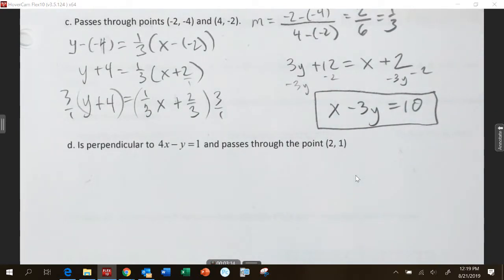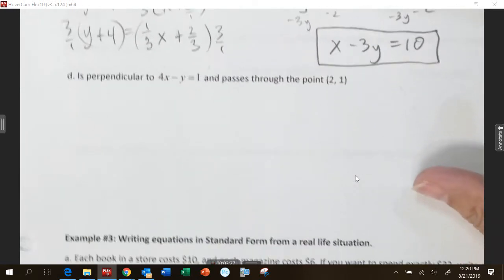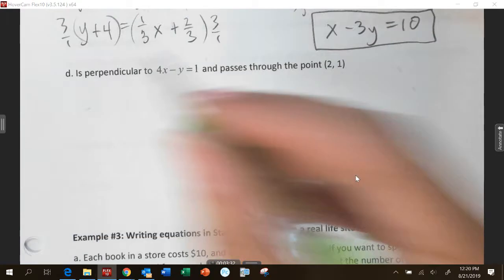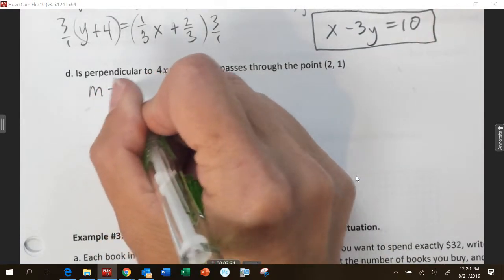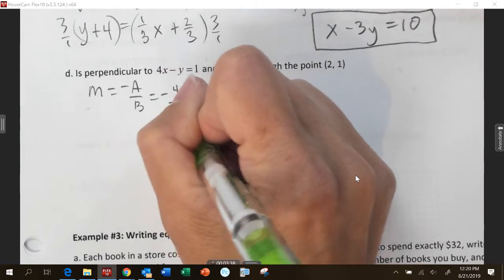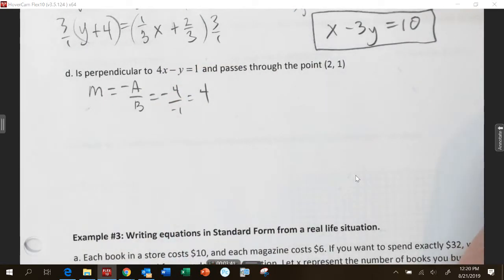Question D is perpendicular to 4x minus y equals 1 and passes through the point (2, 1). We have to find standard form. What should we do first? Find the slope. We did that first yesterday. Slope m equals negative a over b, so negative 4 over negative 1, which is 4. Got the slope.